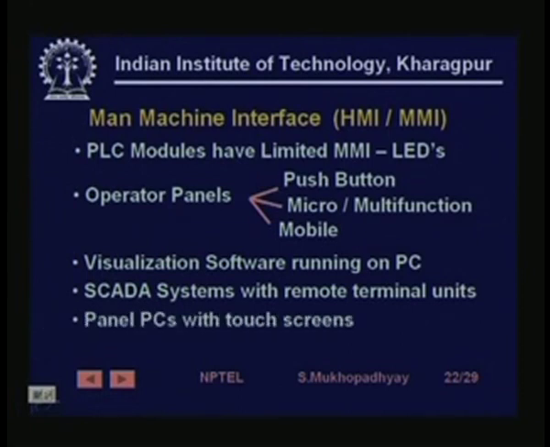Sometimes you have panel PCs. They are special types of PCs with touch screens, so that the operator need not type. This is basically for convenience, because an operator has to concentrate on the process and should not be bogged down, so it should be as easy as possible for him to give commands. So people use devices like touch screens in such environments.